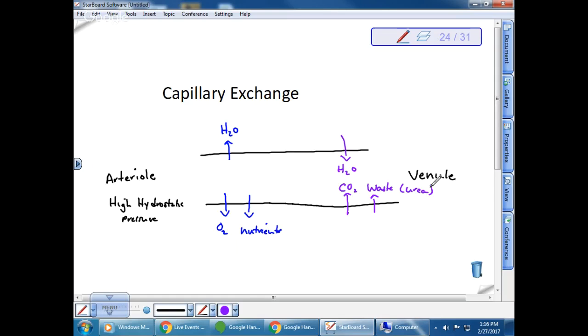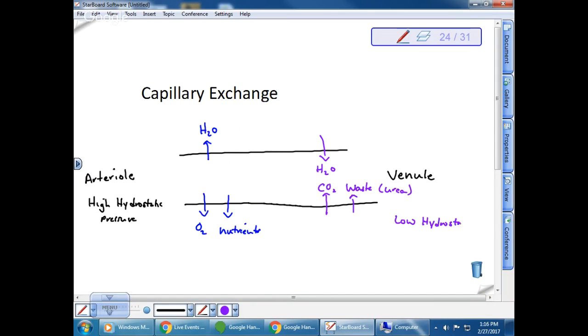Now the reason why these substances move at the venule end has to do with osmotic pressure. So at this end, we have low hydrostatic pressure, but we have high osmotic pressure. And hopefully you remember something about osmotic pressure.